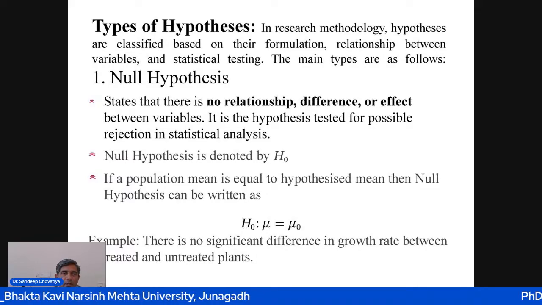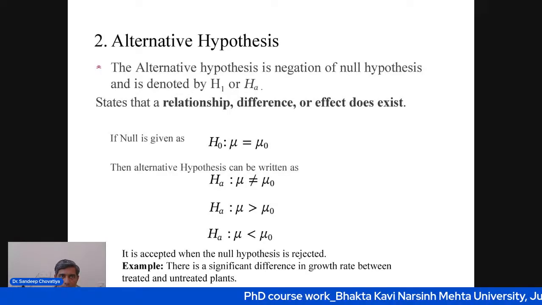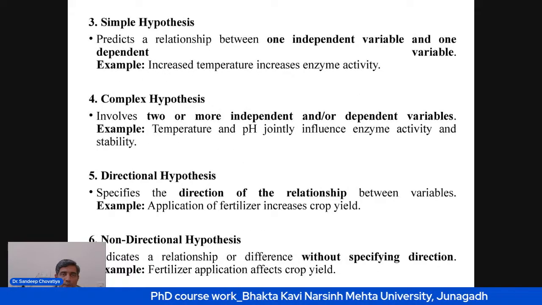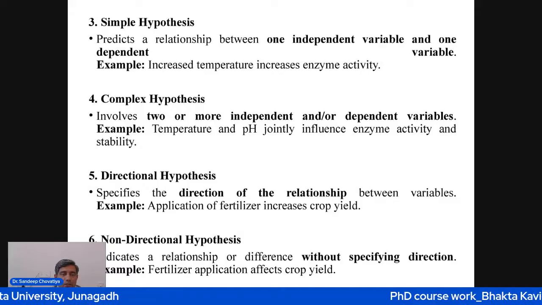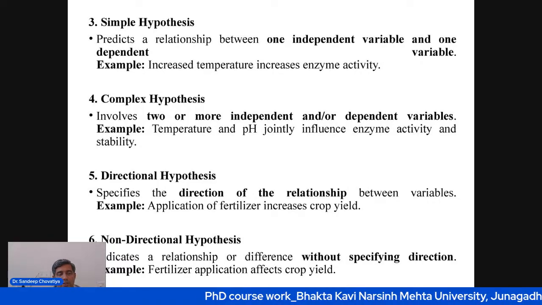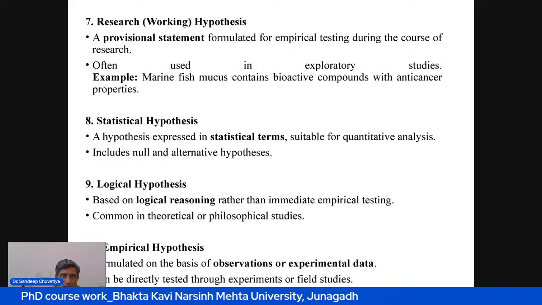The first one is a null hypothesis. The second is an alternative hypothesis. The third is a simple hypothesis. Fourth, a complex hypothesis. Fifth, a directional hypothesis. Sixth, a non-directional hypothesis. Number 7, a research hypothesis.